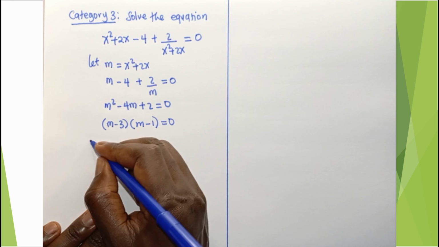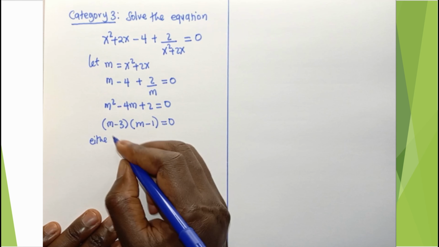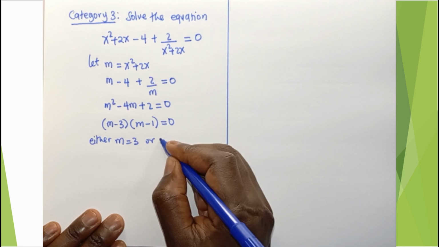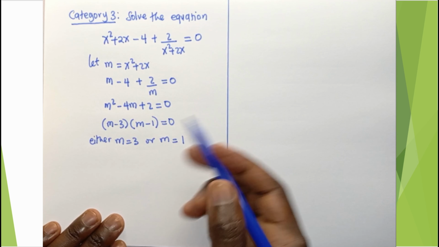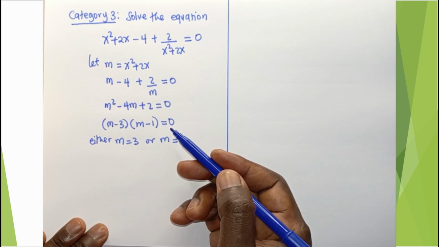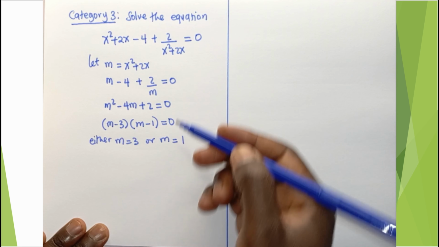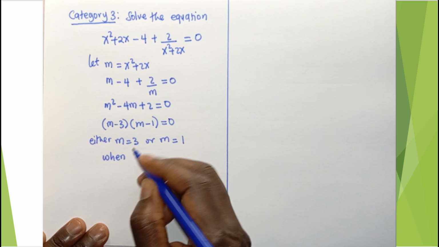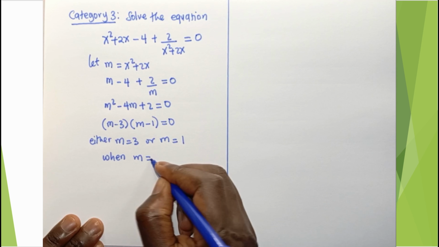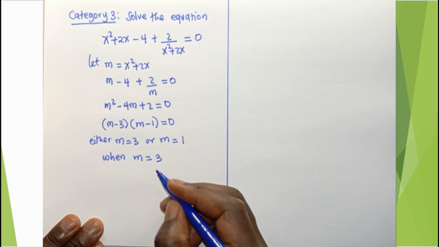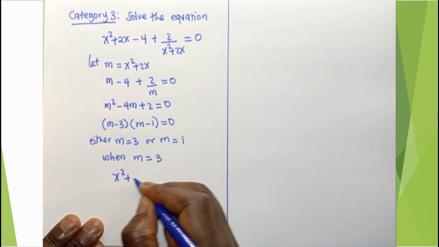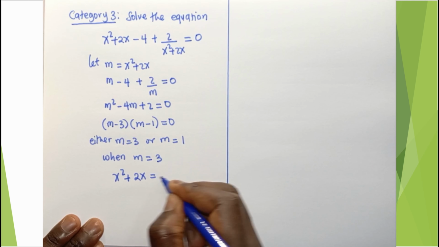So we come and say either m minus 3 is equal to 0 or m minus 1 is equal to 0. So you have m is equal to 3 or m is equal to 1. So when m is equal to 3, the x squared plus 2x is equal to 3.